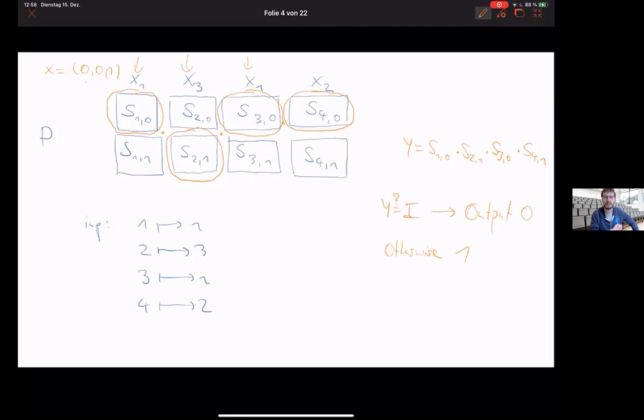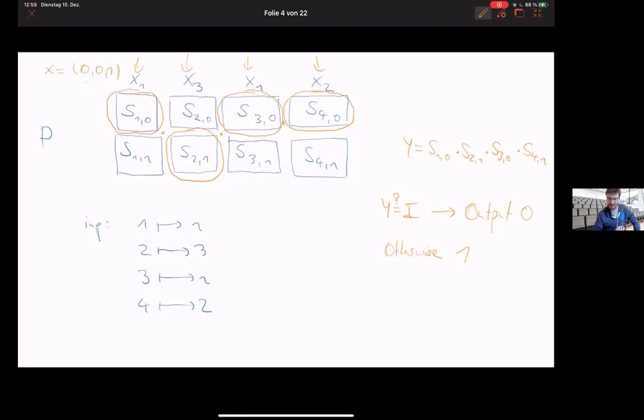So the input just specifies for each position in this branching program if I should take the upper matrix, that's if xi is 0, or the lower matrix if xi is 1. Then in the end, just multiply everything together.